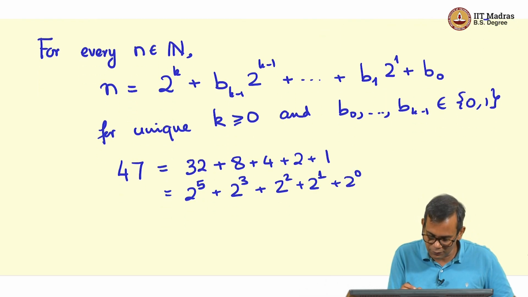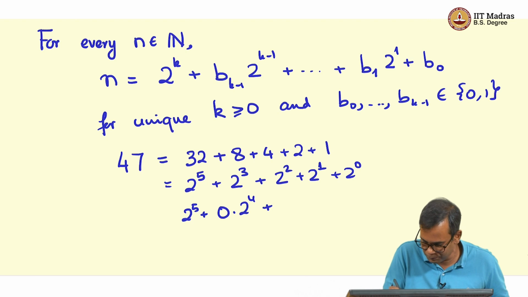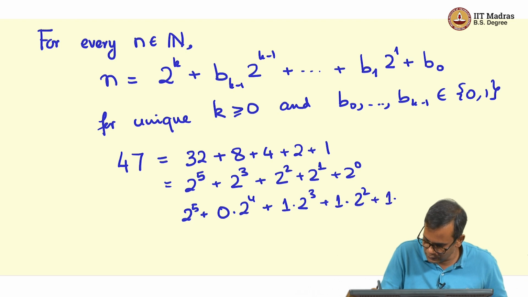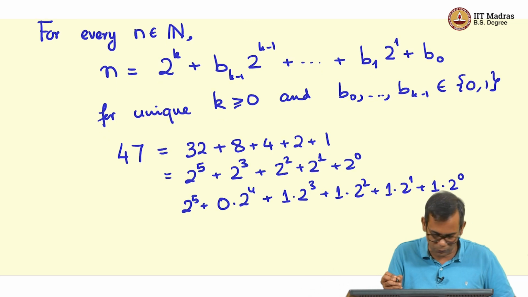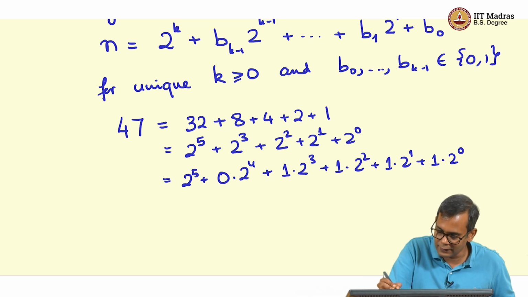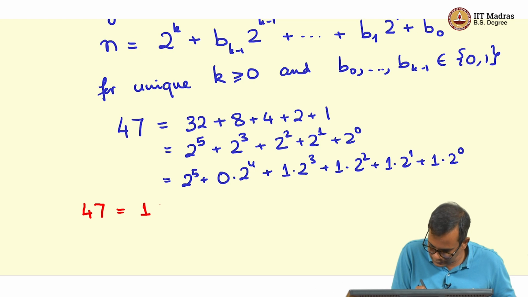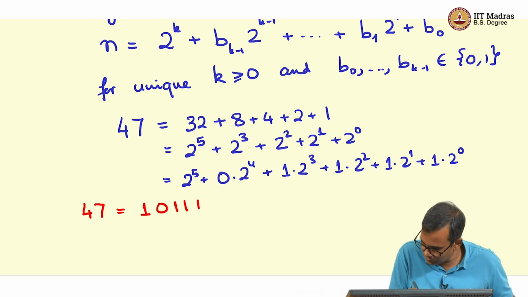We can write it as 2 to the power 5 plus 0 into 2 to the power 4 plus 1 into 2 to the power 3 plus 1 into 2 squared plus 1 into 2 to the power 1 plus 1 into 2 to the power 0. And we usually write this as a binary expansion. The binary expansion is 1 0 1 1 1 1.